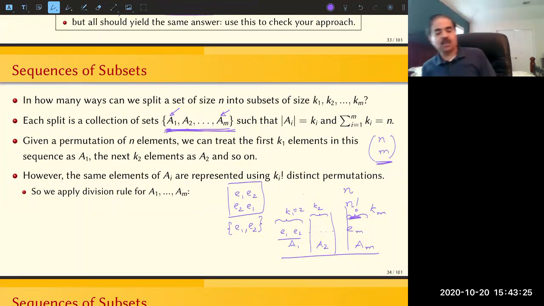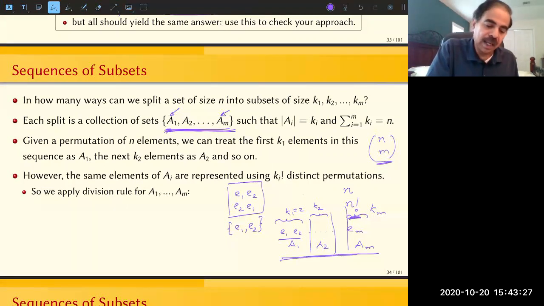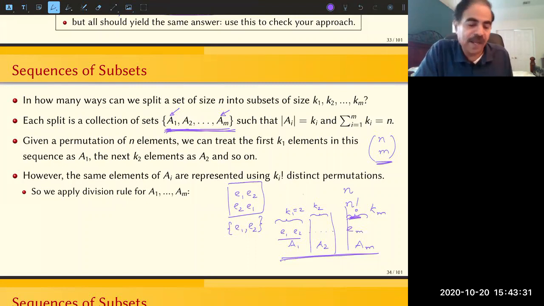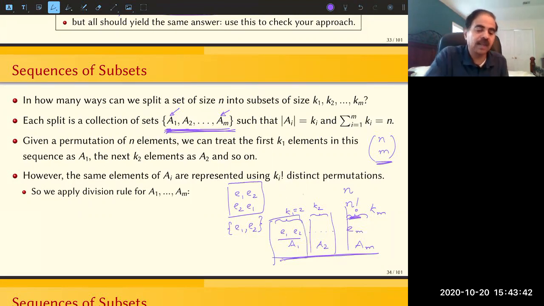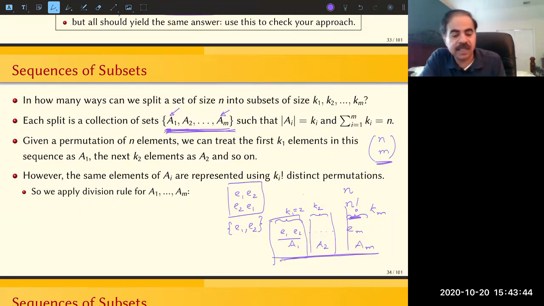So for that reason, although each permutation can be thought of as representing one of these sets, if we do that, then we will be counting cases like this where all we have is a set A1 with elements in different orders.